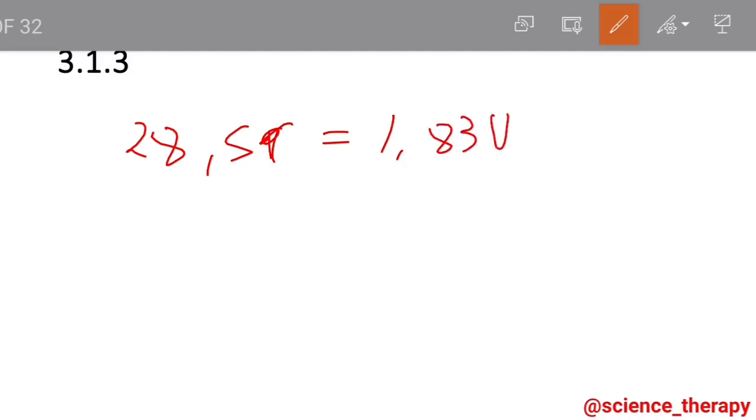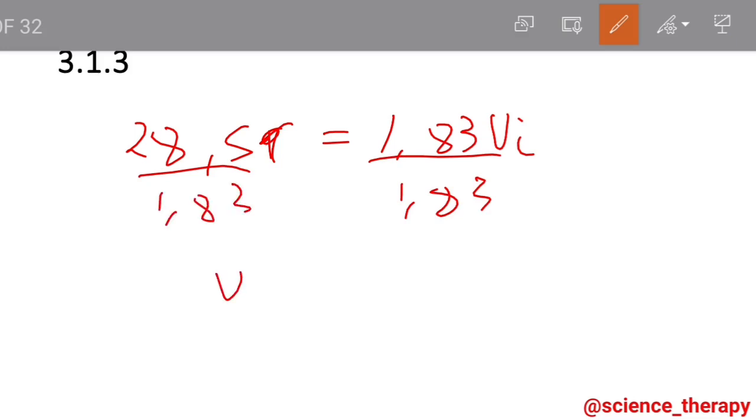It's 28.59 is equals to 1.83 VI, right? Then divided by 1.83, divide both sides by 1.83.